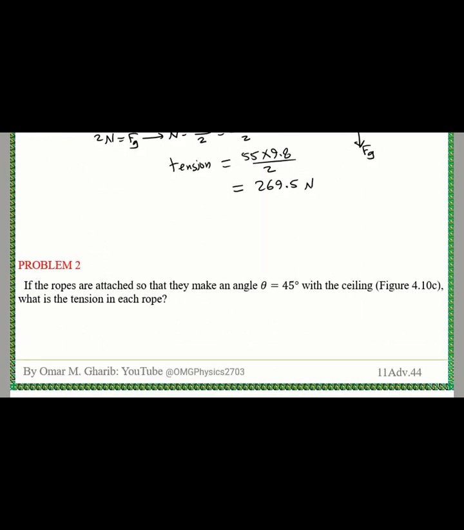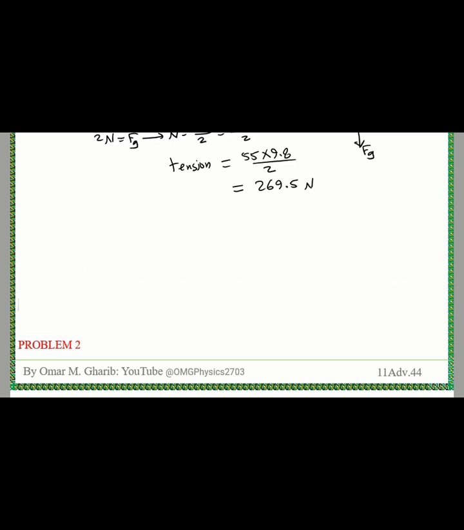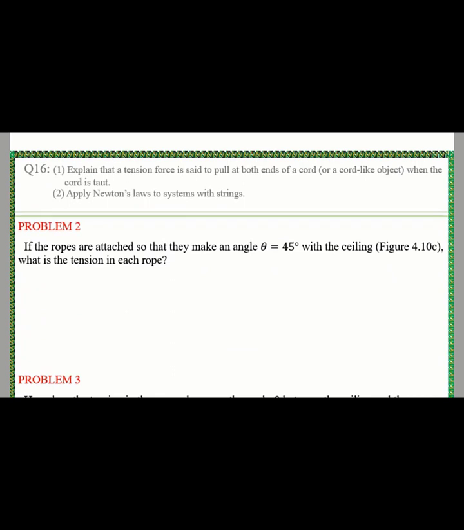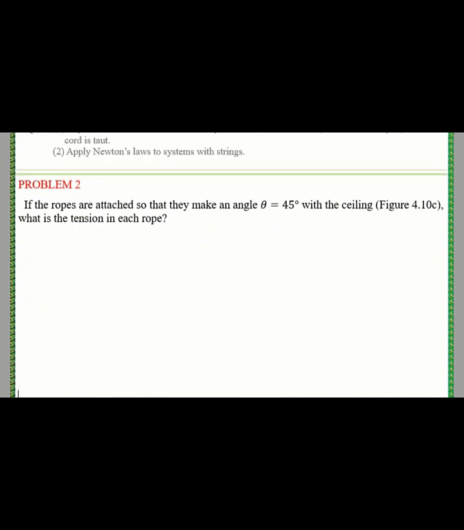Now, question number 2. If the ropes are attached so that they make an angle of 45 with the ceiling, what is the tension for each rope? Now, we are in a different situation in which we have the ceiling like this, and here is the gymnast.